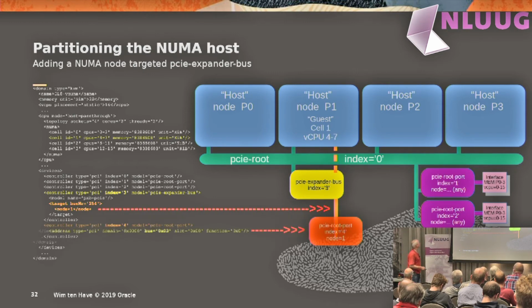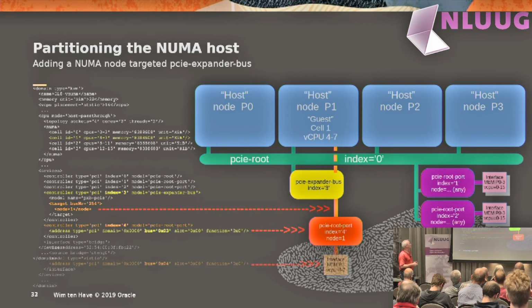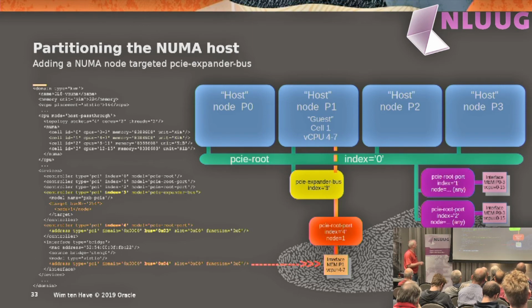So we have a bus. Under that bus we need to add a controller or a PCI root port. Sorry, a PCI root port. This is a PCI slot in which you can insert a controller. And finally, we can put our network interface under that controller, under that PCI root port, by a third I/O driver or a physical driver.